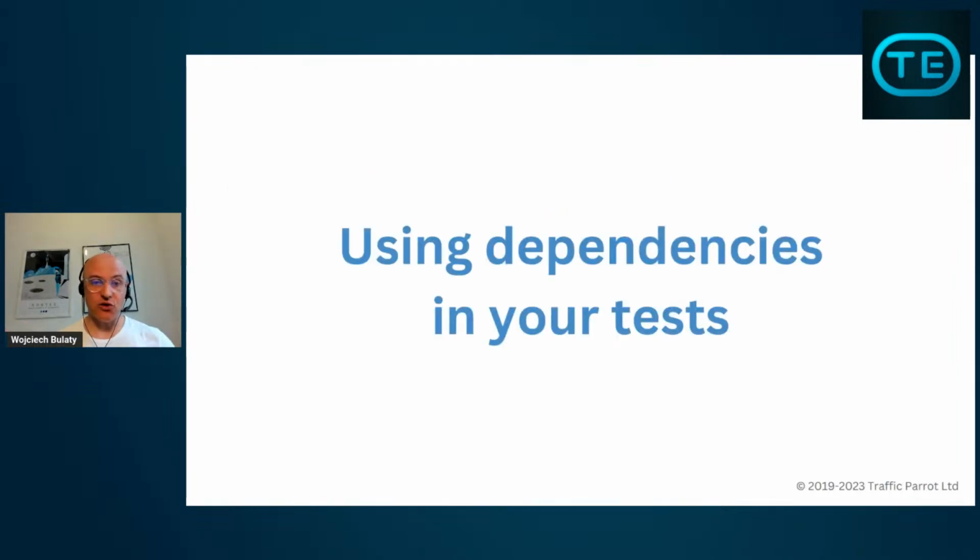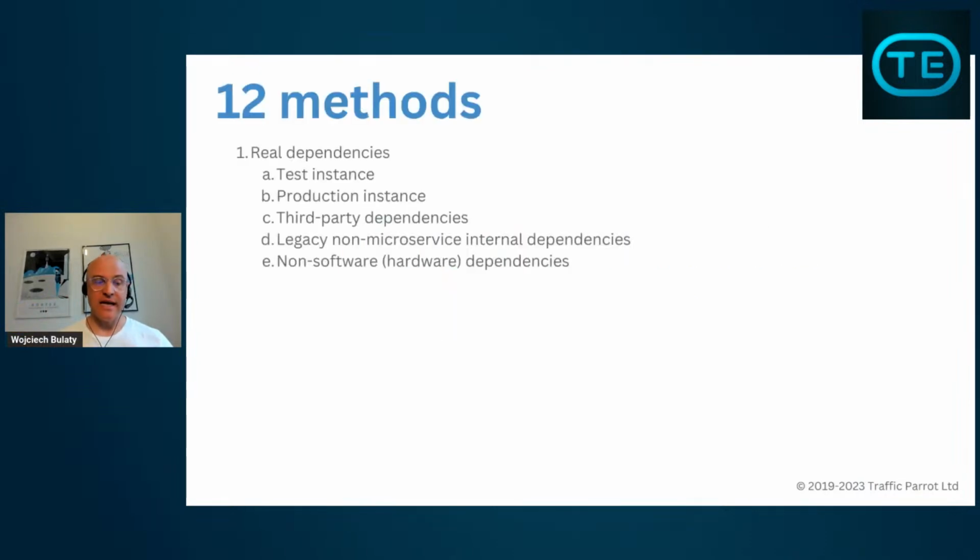So let's talk about managing dependencies in your microservice tests. We'll discuss 12 methods, and they're divided into 3 groups. The first group is using real dependencies in your tests.